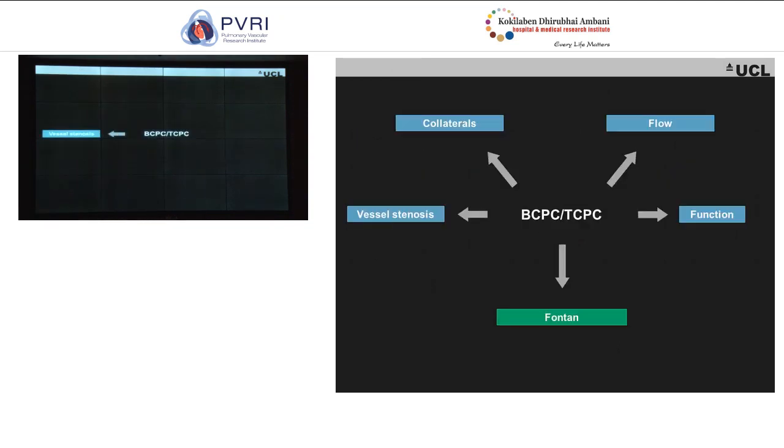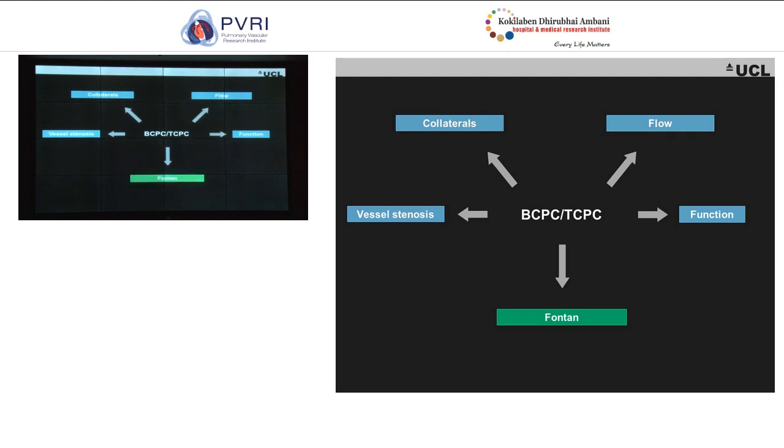So what are we looking for when we're assessing the univentricular circuit and its physiology? We're assessing for vessel narrowing, vessel stenosis, collateral flow, actual cardiac output or flows through the vascular bed, ventricular function, and valve function impact.